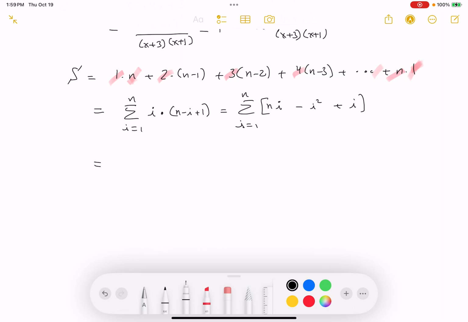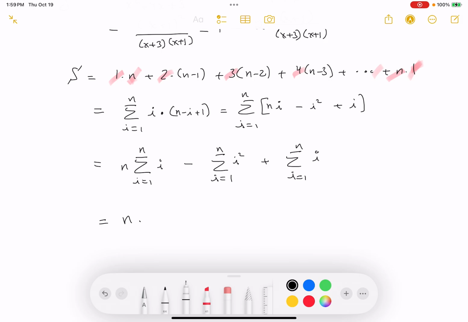On the first sum, I can pull out the n. On the second sum, it's just the sum of the integers squared. And the third sum is just the sum of the integers from 1 to n.